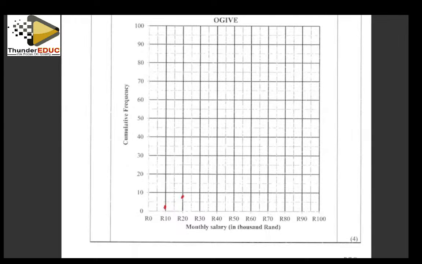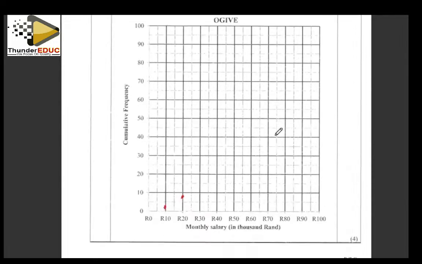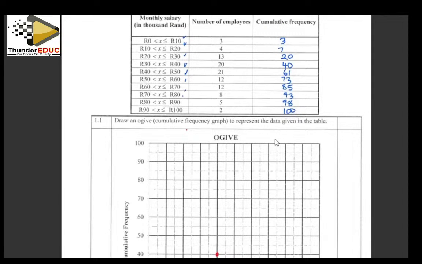Then 30, we say it goes with a 20. This 30 here must go with a 20, then a 40 for 40. And then we said we have 61. The next one must be 61, which is slightly above 60.